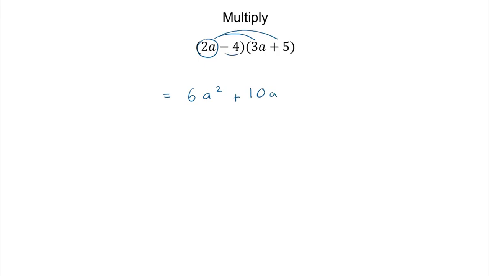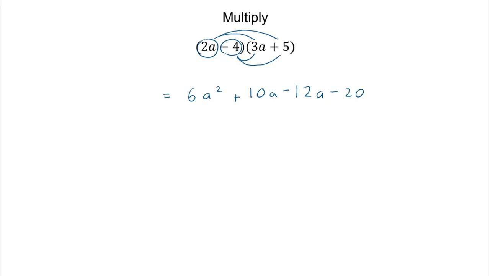Now we multiply the -4 times the 3a, which is minus 12a. And we multiply the -4 times the 5, which is minus 20. And so the result of multiplying those two binomials is 6a squared plus 10a minus 12a minus 20. And we've successfully done our double distribution.